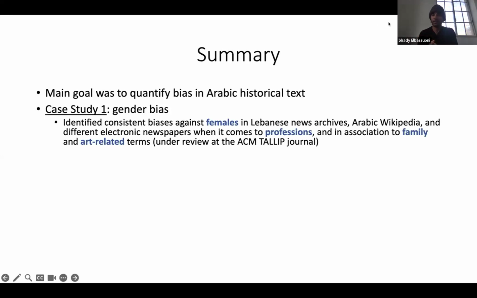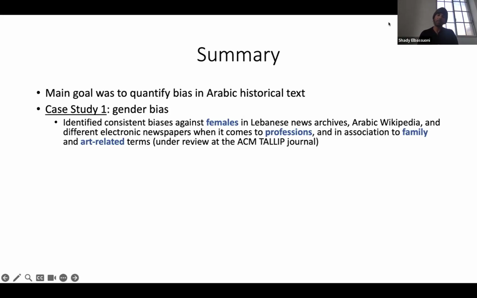We received these as microfilms from the library. But we also looked at publicly available data sets such as Arabic Wikipedia and different electronic newspapers. And we tried to identify gender bias within these corpora through word embeddings.